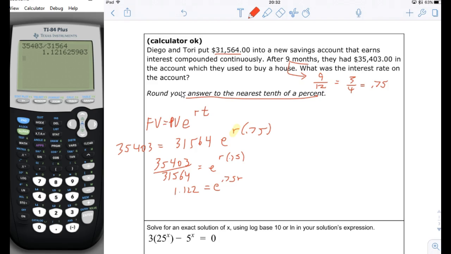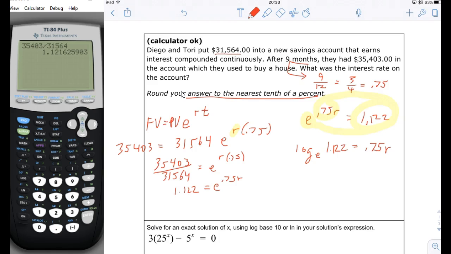Now, remember the snail? E to the 0.75 r, we're going to rewrite it so that the number is on the right side. And then we're going to do the snail, which is we're going to take the head. Okay, so it'll be log base e of 1.122 is equal to 0.75 r.